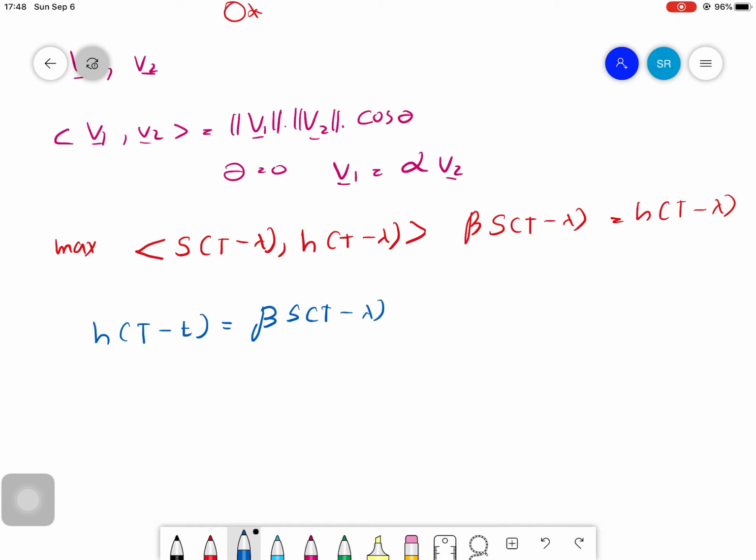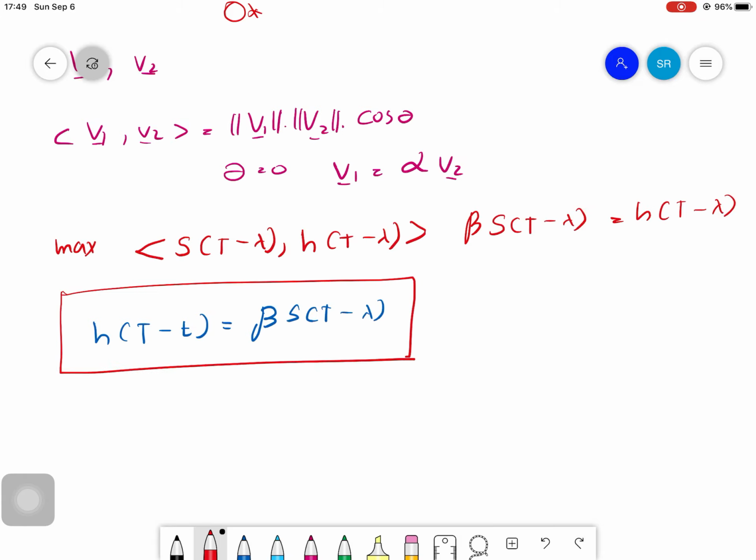Actually, when beta is positive, I get a positive answer. If beta is negative, I get a negative answer. But when it's considered as a norm, it doesn't matter which way we go. If we always use beta positive, this is called matched filtering.